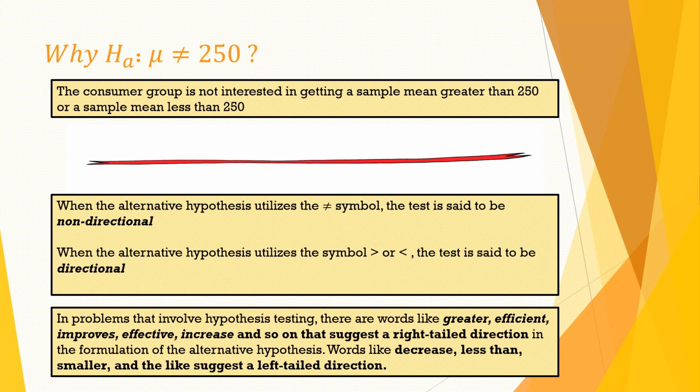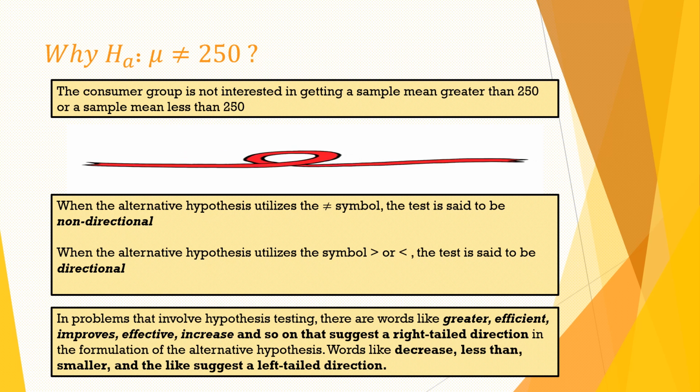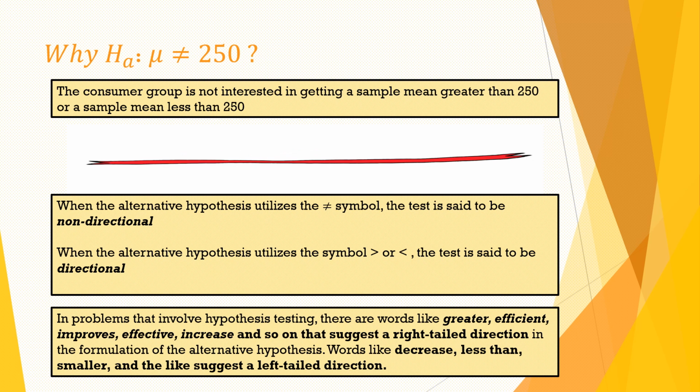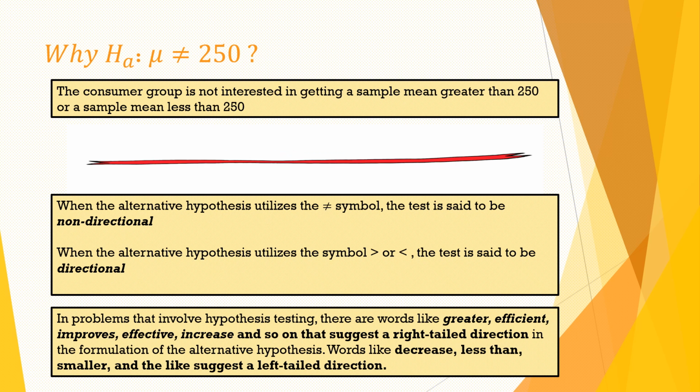Okay, sabi dyan, in problems that involve hypothesis testing, there are words like greater, efficient, improves, effective, increase, and so on that suggest a right-tailed direction in the formulation of the alternative hypothesis. Words like decrease, less than, smaller, and the like suggest a left-tailed direction.